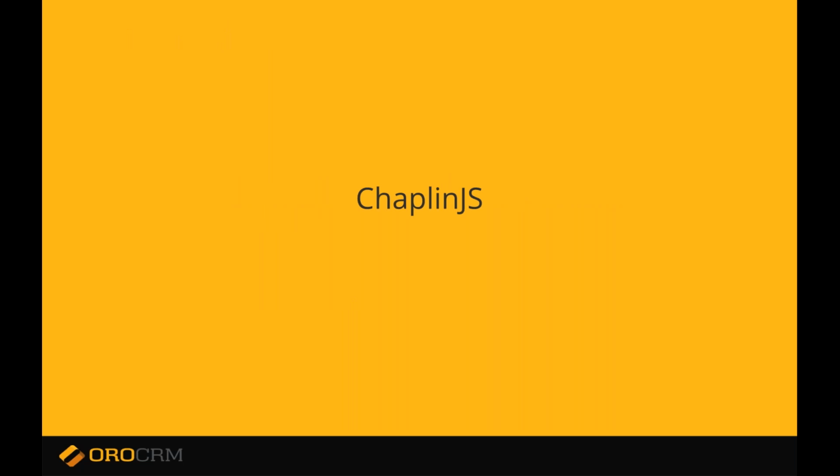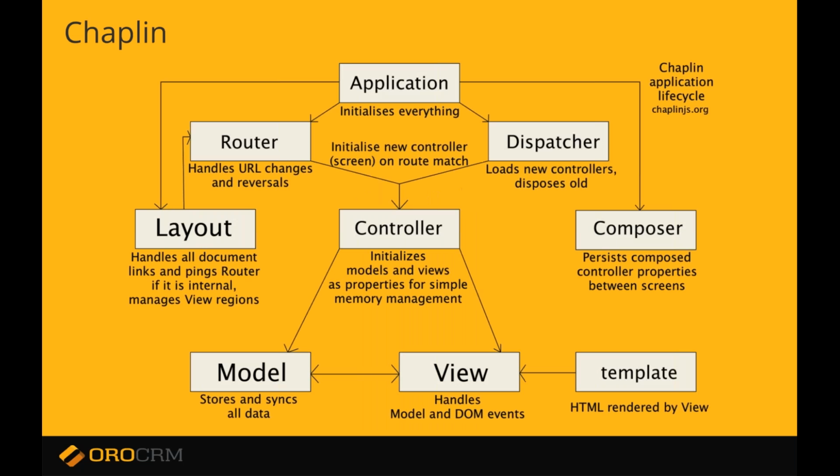Okay, we are ready to go to Chaplin. Chaplin is based on Backbone, but it extends the idea of Backbone, and it also provides some new ideas. So Chaplin is more like an application-level library, and it's ready to build some application.